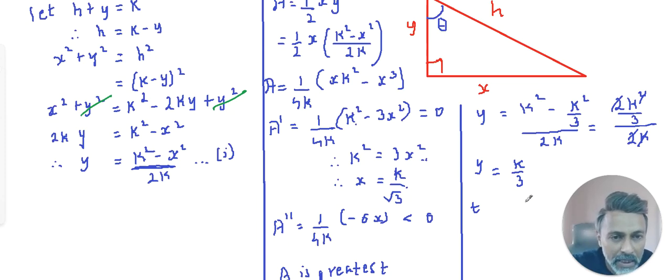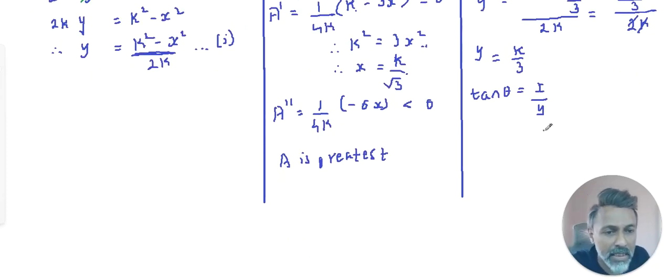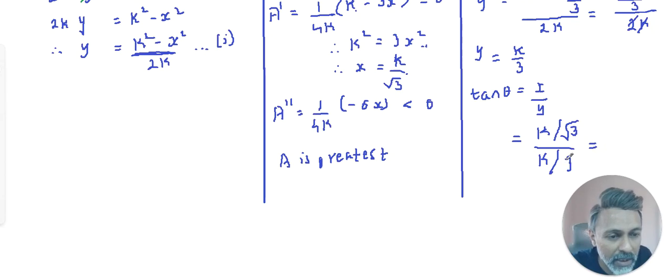So tan theta is equal to x upon y, which is k upon root 3 and y is k upon 3. On simplifying, k cancels out, 3 goes in the numerator, 3 upon root 3 is root 3. Therefore, tan theta is root 3. Therefore, theta is 60 degree.